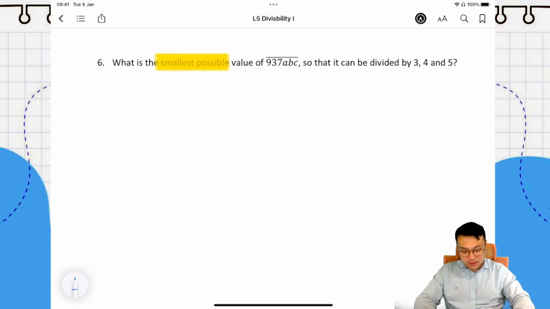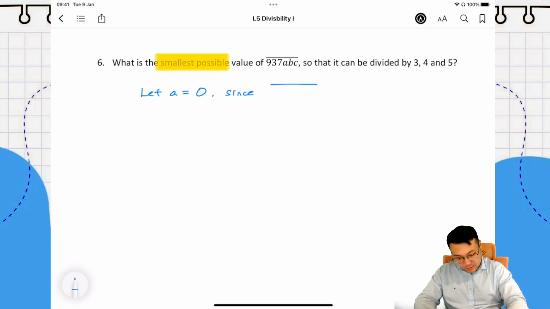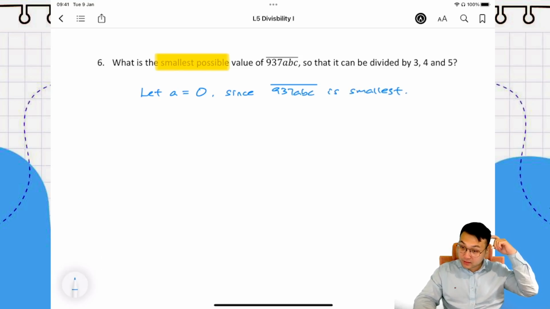Now, if I want the number to be as small as possible, what should I let A be equal to? 0. Yes, since I want to let 937ABC be smallest. So I'm letting A equal 0.